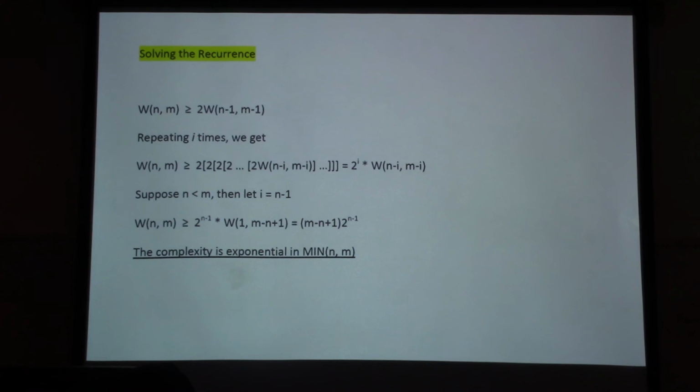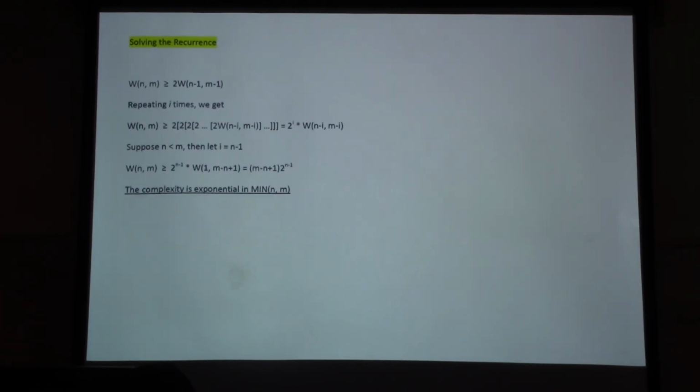The remaining characters in M. I suppose you can just write N times 2 to the N. But anyway, this is the exponential one, times 2 to the power of the shorter string. So it's an exponential complexity, which seems very, very high.